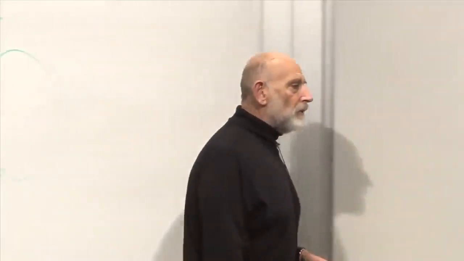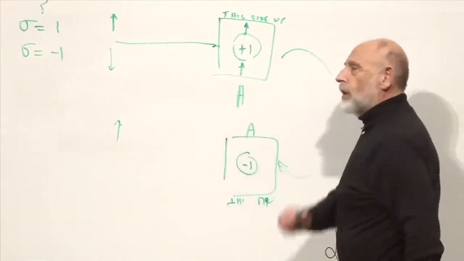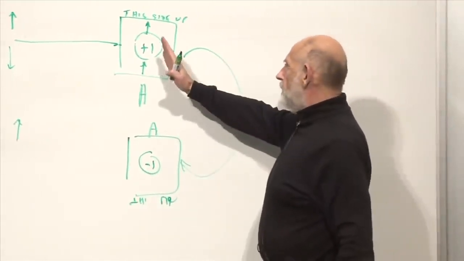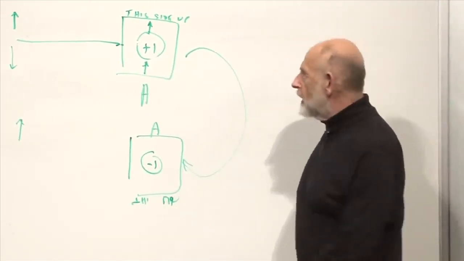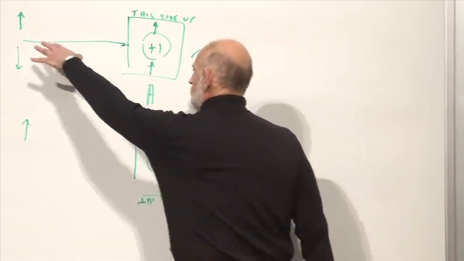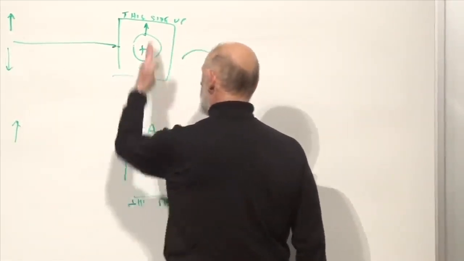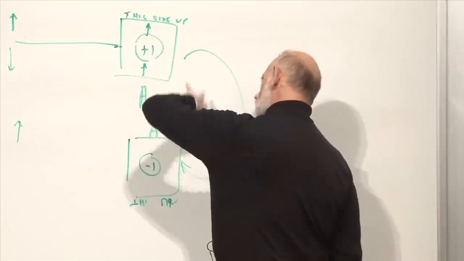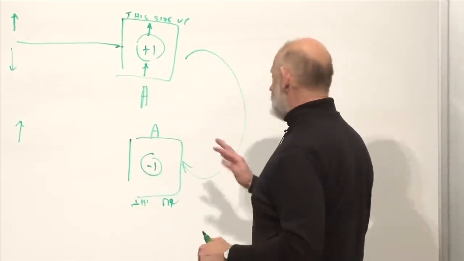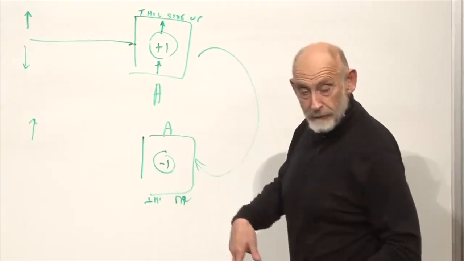We might think that this detector is detecting the value of the component of a vector along the direction of the detector itself. So when the detector is right side up, it's detecting the component of some vector in the plus direction. When you turn the detector over, it's measuring the component of the same object with respect to an axis which has been flipped. So you might start to think this qubit is a vector.